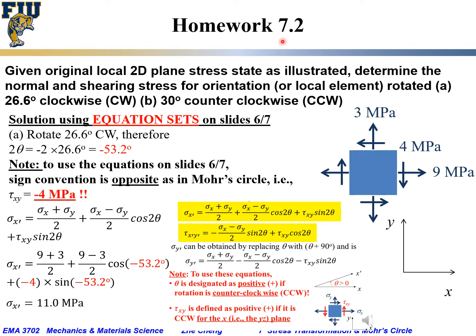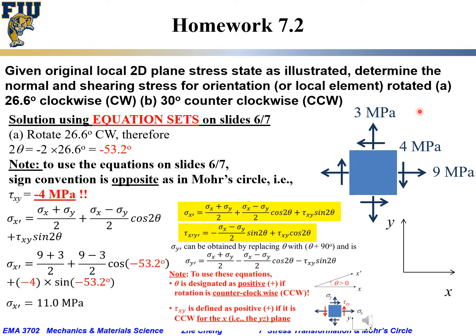Homework 7.2. Given the original 2D plane stress state as illustrated, we want you to determine the normal and shearing stress for a new orientation or local element rotated 26.6 degree clockwise, or 30 degree counterclockwise.